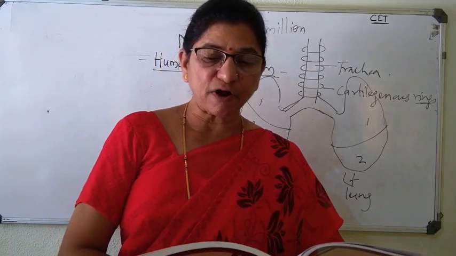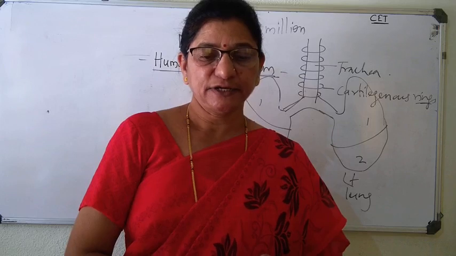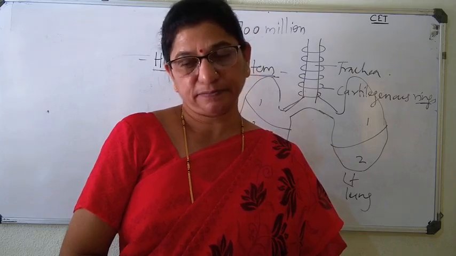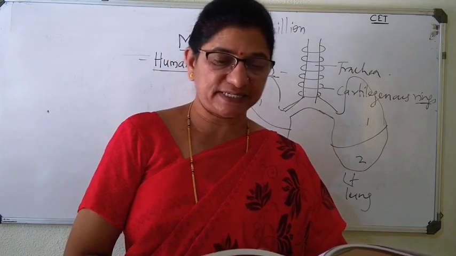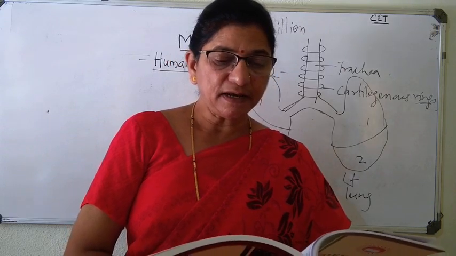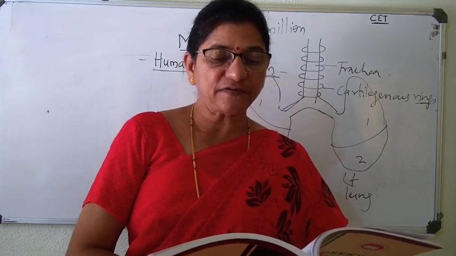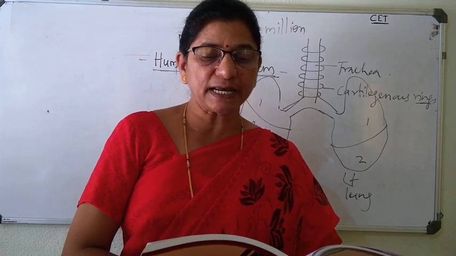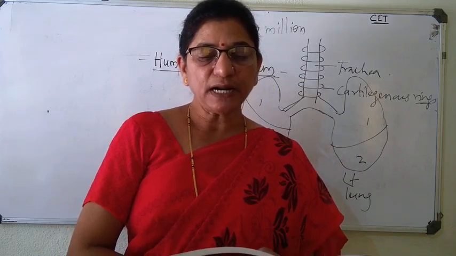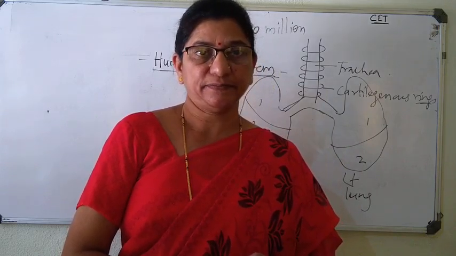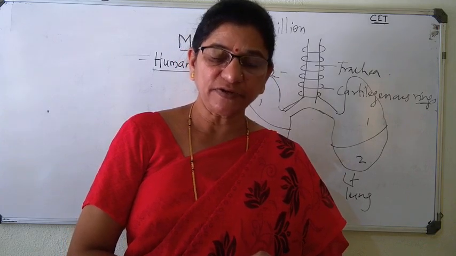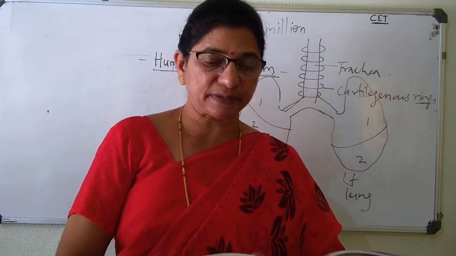Epithelial lining of bronchiole is cuboidal and columnar. Remember that difference. Then inner alveolar surface area of human lung is about 100 square meter. Again, remember this figure, 100 square meter.